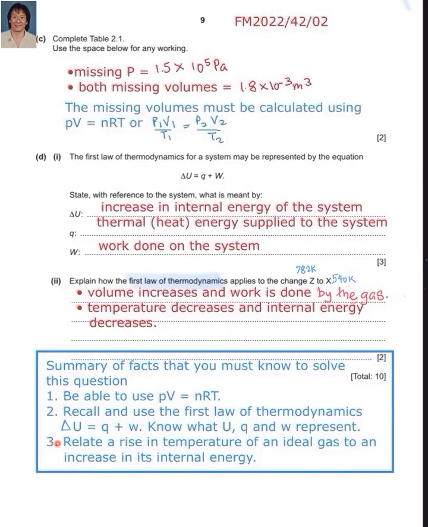Then number 3, relate a rise in temperature of an ideal gas to an increase in its internal energy. This statement only applies to an ideal gas, because for an ideal gas, the internal energy is due to the random distribution of kinetic energy. The potential energy is 0.